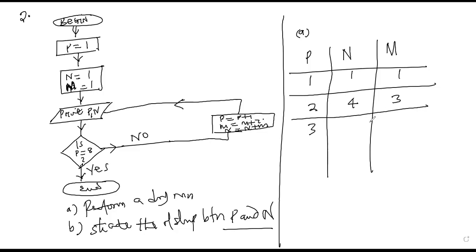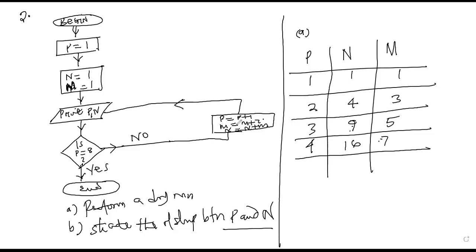We got P as 3. M will be M plus 2, so this is a 5. Then N will be equal to older N plus M, which will be 9. We go to P as 4. M will increase by 2, so it will be 7. To get new N, we shall have 16 here.